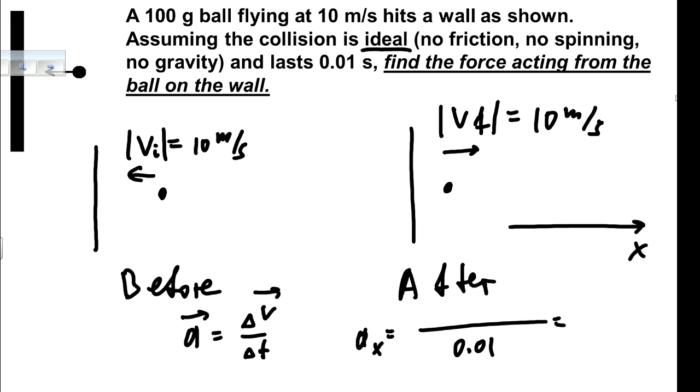Okay, first, that should be final x minus initial x. What number should I write here? What do you say? What number should I write here?